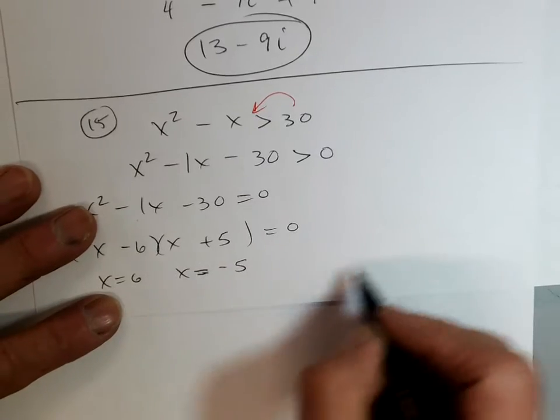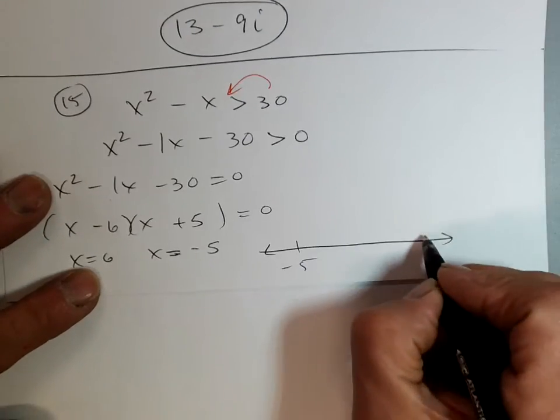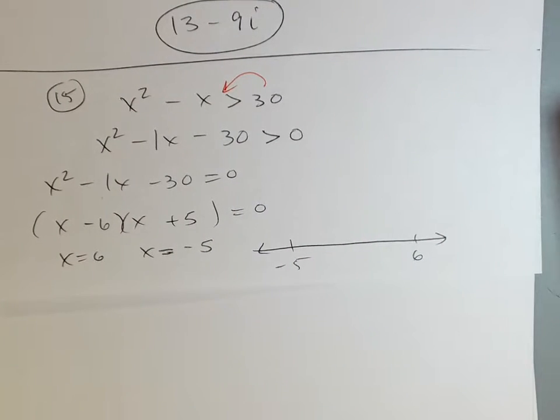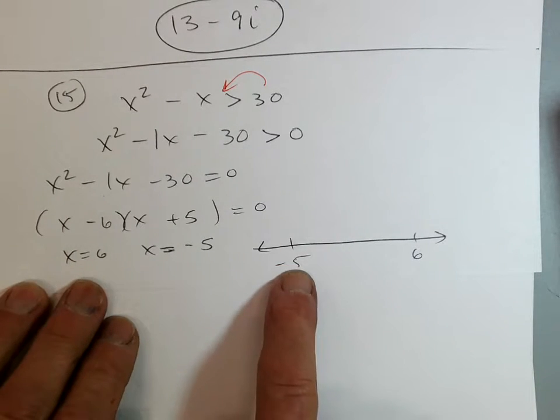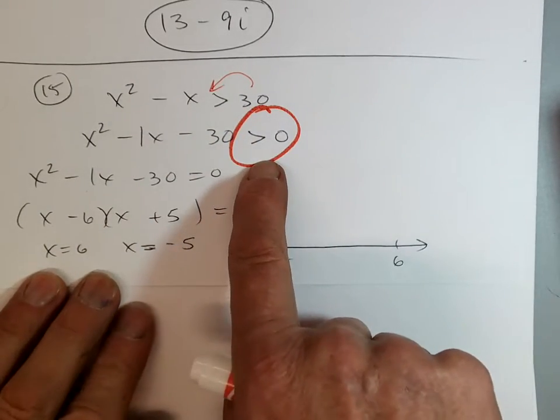So I'm going to have a number line with negative 5 and 6. Now I need to shade, so I've got to get out my pencil. And real quick, am I going to use a solid dot at negative 5 or an open dot? Open, because it doesn't equal these values.